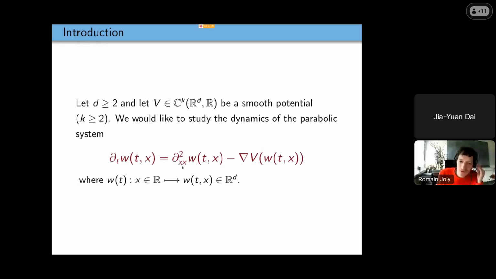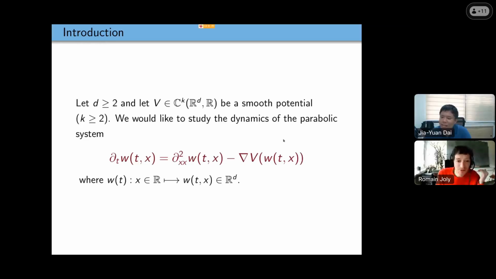No, it's two derivatives, so it's just the Laplacian, the second order derivative. It's really the heat equation plus some nonlinear term. I see. And all the coupling? W belongs to R^d, so you can see this as a system of several PDE, and all the coupling comes from this nonlinear term. There is no coupling in the linear heat equation. Oh good, thank you.